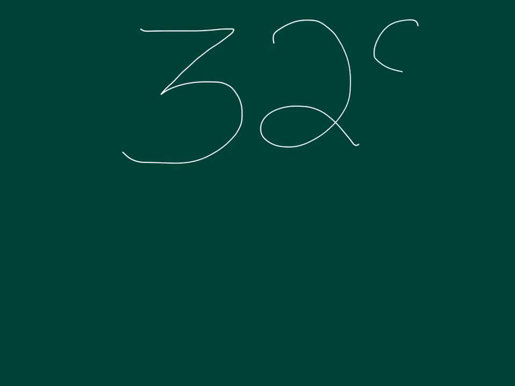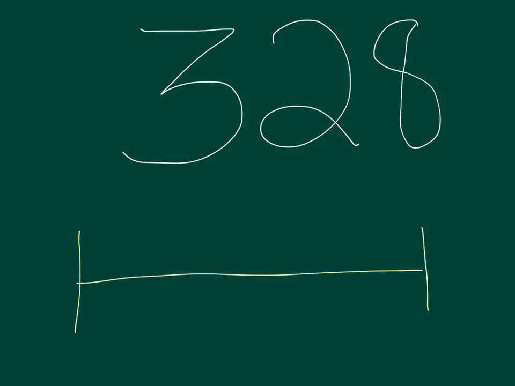So when you're given a 3-digit number, like 328, and if we're rounding to the nearest hundreds, we're not going to be looking at the tens place to help us determine what goes to the left and to the right of our number line. But now we're going to be looking at the hundreds place to help us determine that.